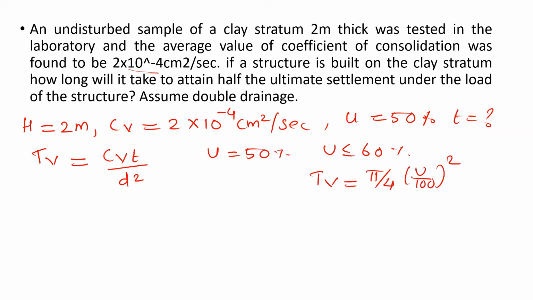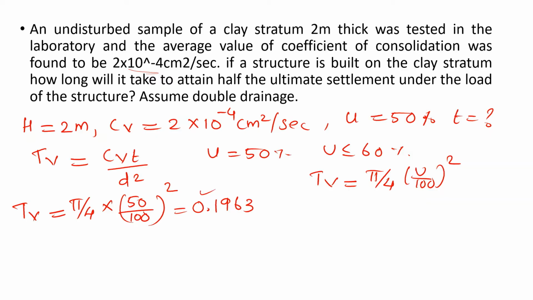We already studied this equation, so from it we can calculate the time factor. Tv = π/4 × (50/100)², so we get 0.1963.